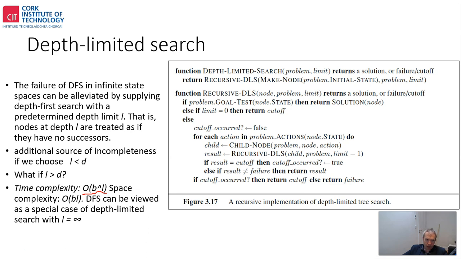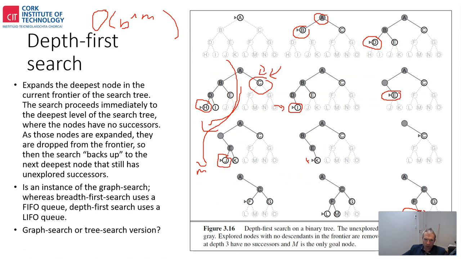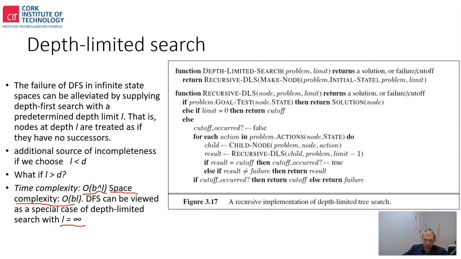Again, this is for the aforementioned reasons. Okay? And depth first search can be viewed as a special case of depth limited search where L is equal to infinity. So the prior approach is the exact same as depth limited search where we specify a limit of infinity.